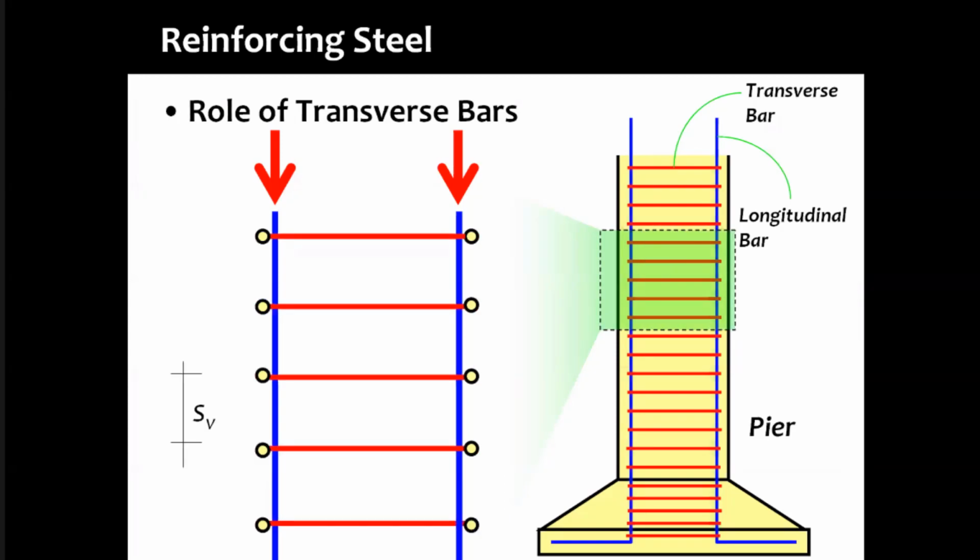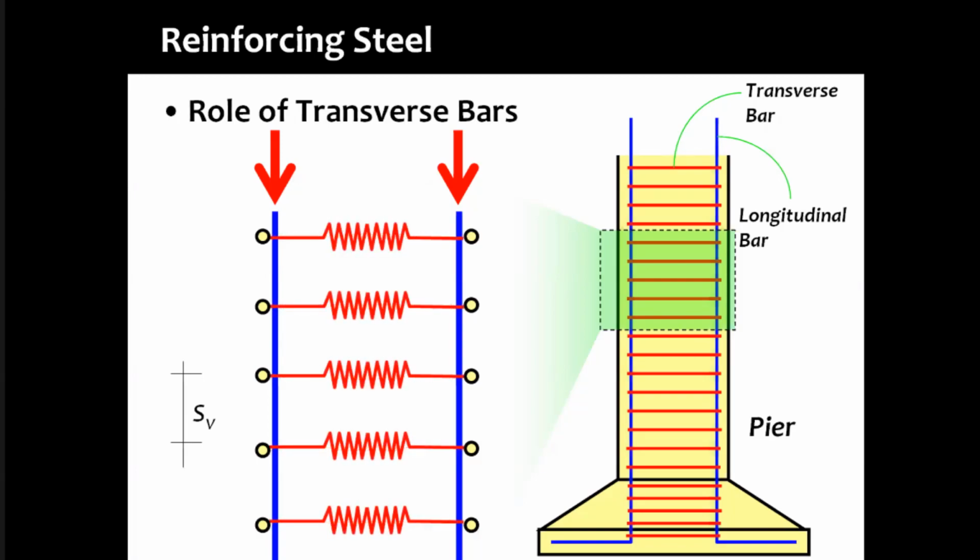And under the action of vertical compression, this transverse reinforcement will stretch outwards, and hence as a consequence you can look at it as springs, and therefore the EA by L of the transverse reinforcement comes into the picture. EA by L is the axial stiffness of the transverse reinforcement. Irrespective of grade of concrete, E is the same. That means if you use higher grade concrete, you're reducing stiffness.